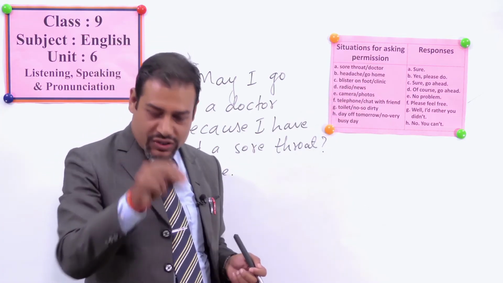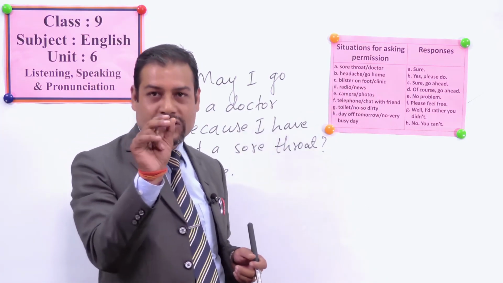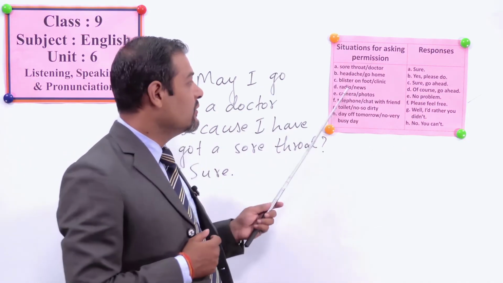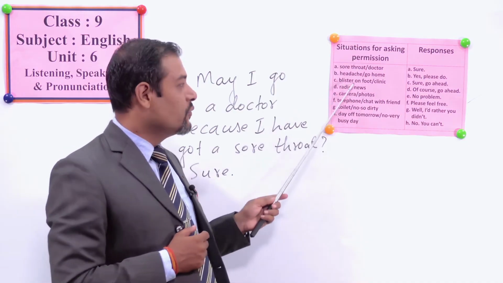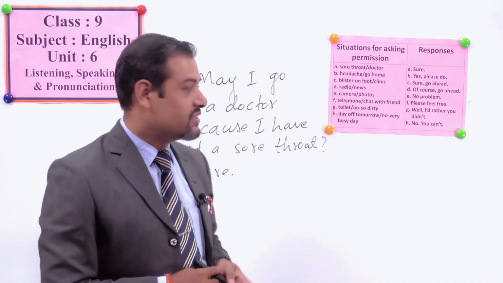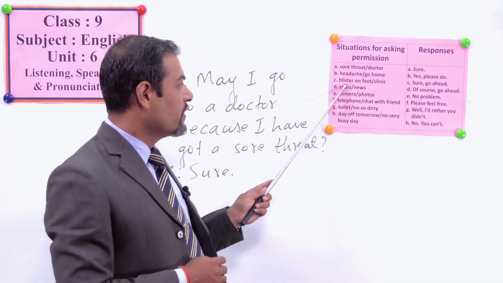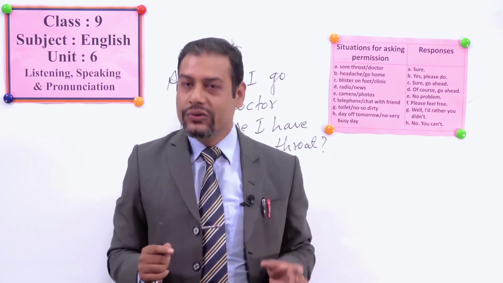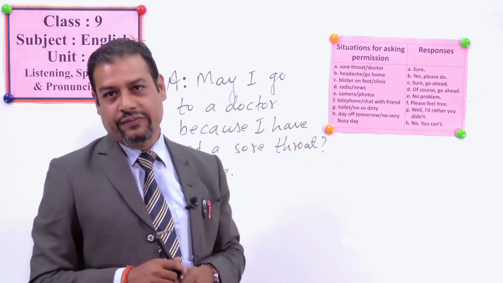Now there is a small problem on your feet, you have got a blister on your feet, and then you want to go to the clinic. Now you have to ask for permission. So how do you say? Tell me any of the structures that I have already shown you.